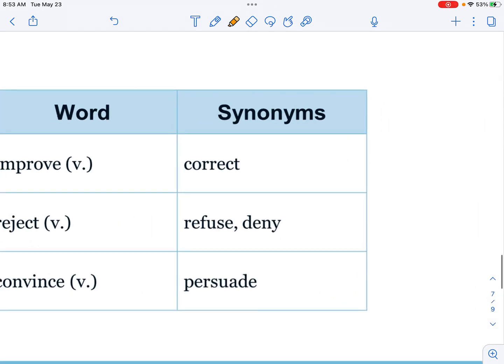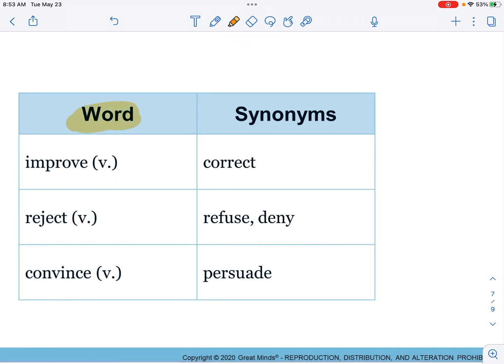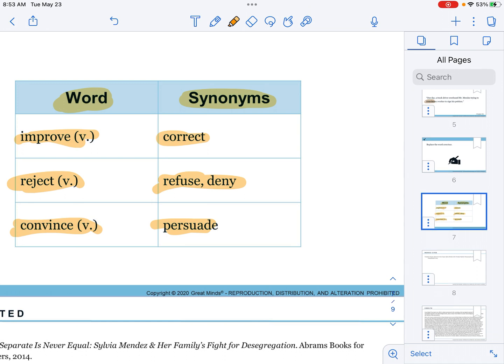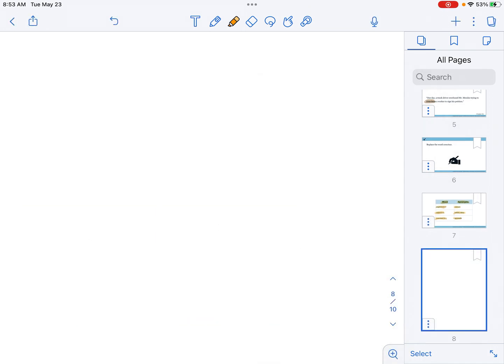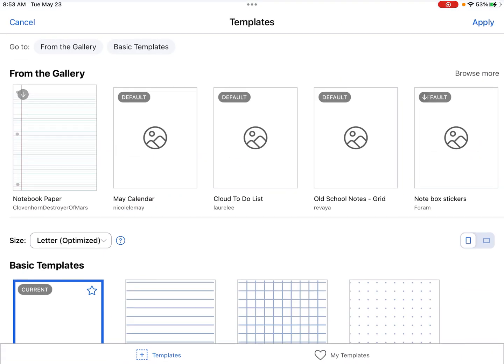So I'm going to write what they mean next to it. So we have our word and then we have synonyms. Synonyms are words that mean the same thing. So improve and correct mean the same thing. Reject and refuse or deny mean the same thing. Convince and persuade mean the same thing. But in our notebooks, we are going to write what each of these words mean.